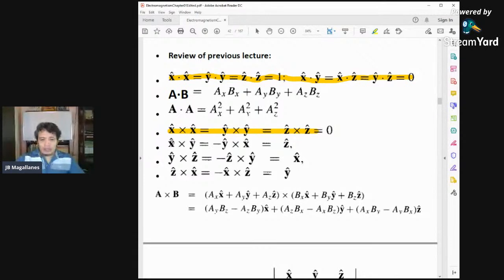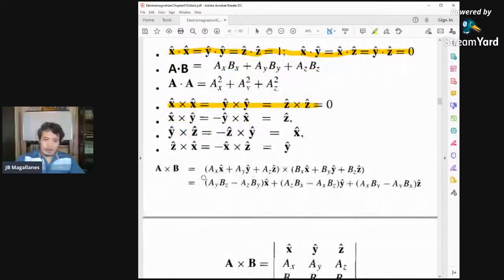So it follows, no? You have an order here: x, y, z. So the product of x, y is z. And then y, z, x, then z, x, y. You have that order: x, y, z, y, z, x, and z, x, y.